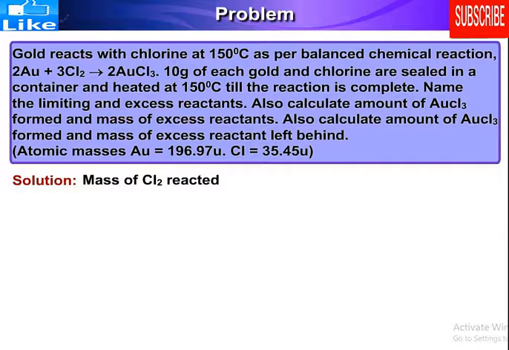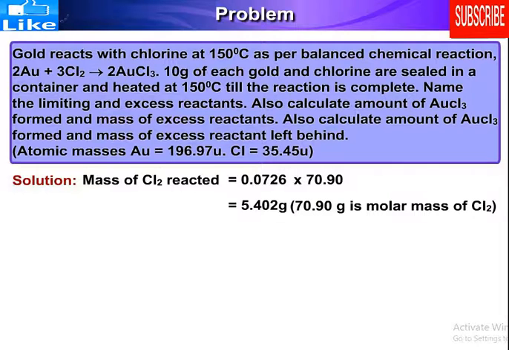Mass of Cl2 remaining is equal to 0.0648 multiplied by 70.90, which is equal to 4.594 grams. 70.90 grams is the molar mass of Cl2.